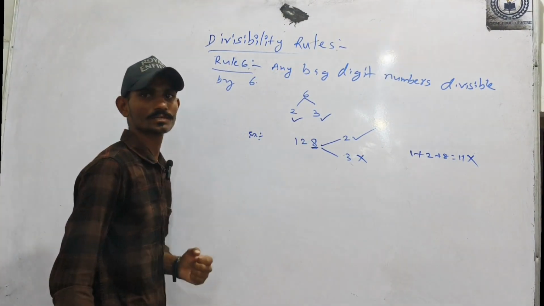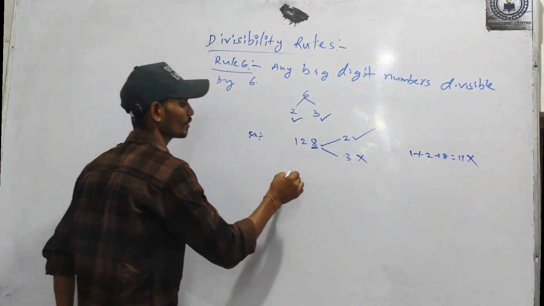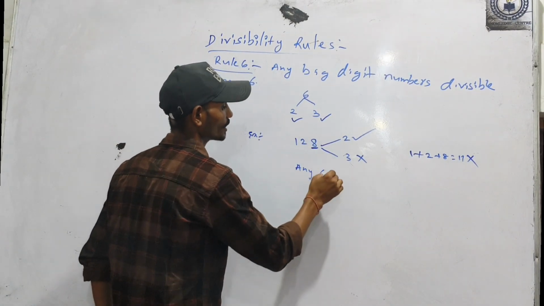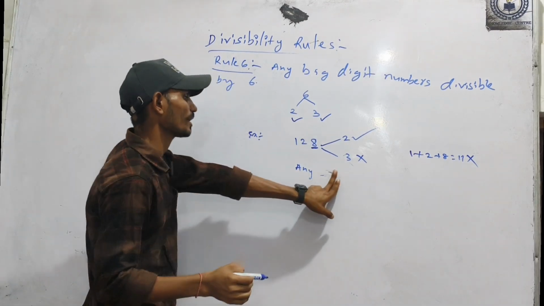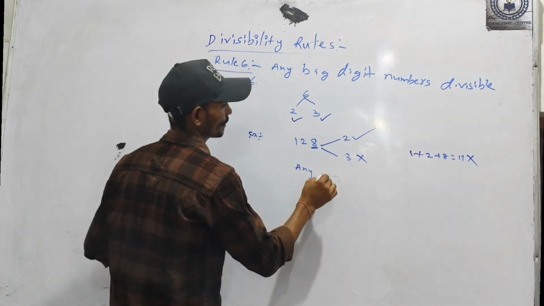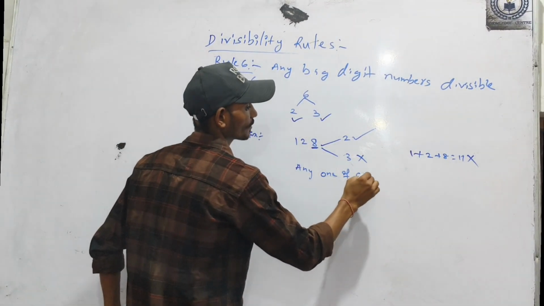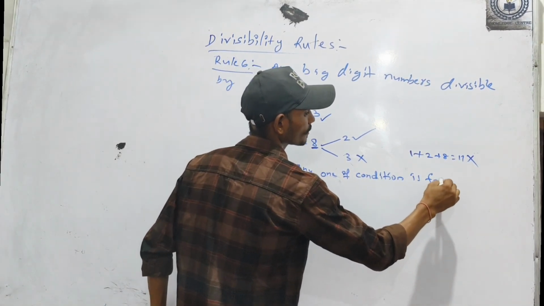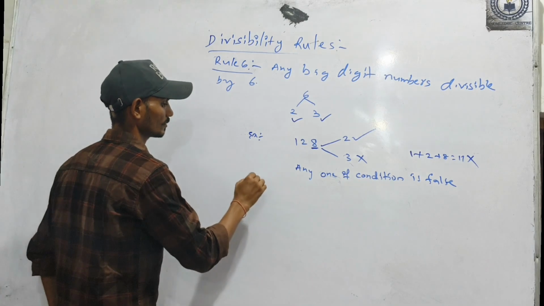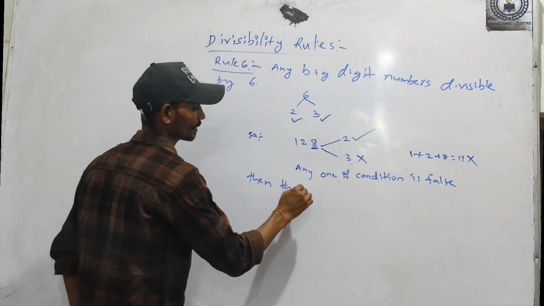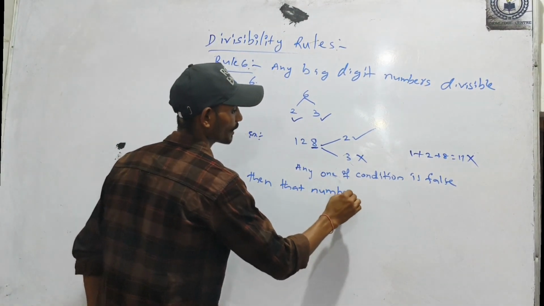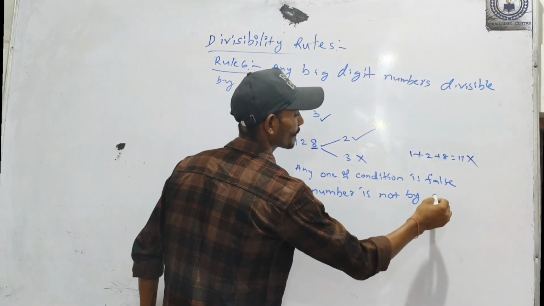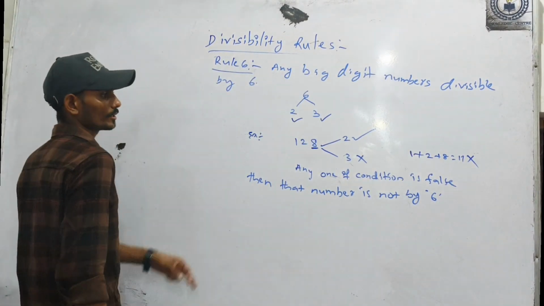If any one of the conditions is false, then that number is not divisible by 6.